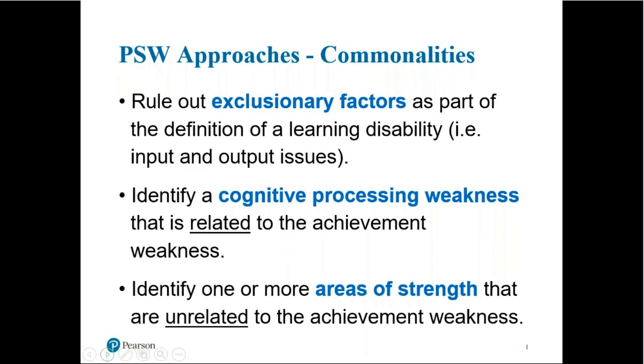Now, regardless of which model you might want to focus on, they really all have these key commonalities. So the first thing we need to do in this process is to rule out exclusionary factors as part of the definition of a learning disability. So we're going to rule out those input and output issues. For example, if the child is unable to hear the information that's being presented, then obviously it's not an SLD, it's a hearing problem.